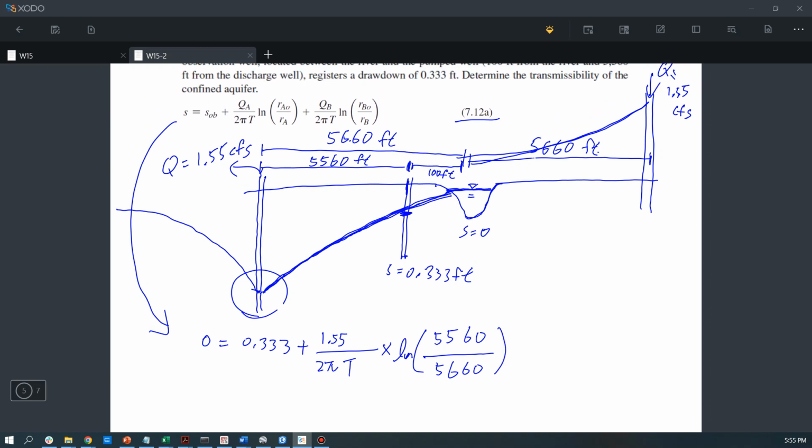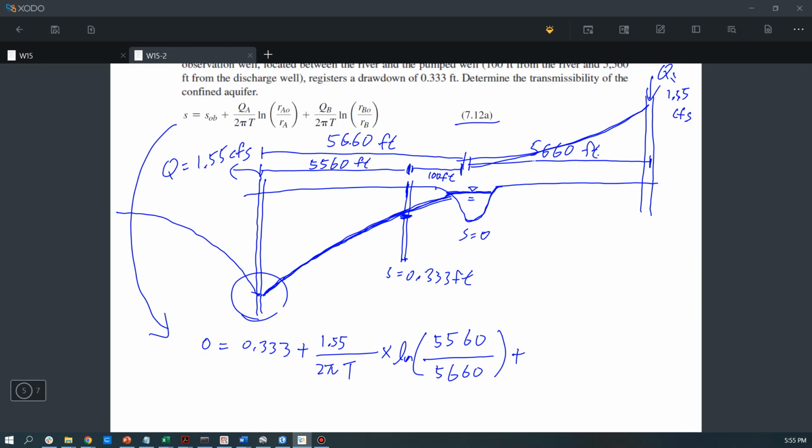And we need to plus the third term. That is our imagined well for recharge. So with the same amount of recharge, but the sign will be different. This is minus 1.55 divided by 2 pi t times log ROB.